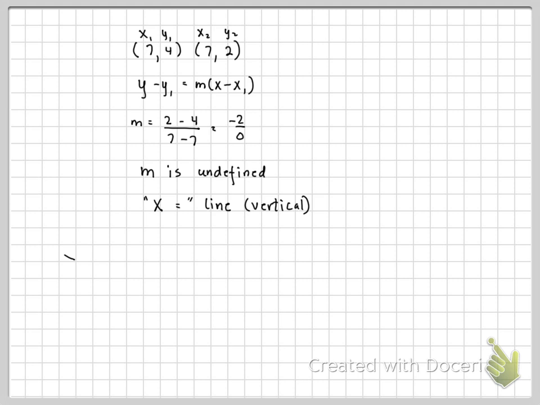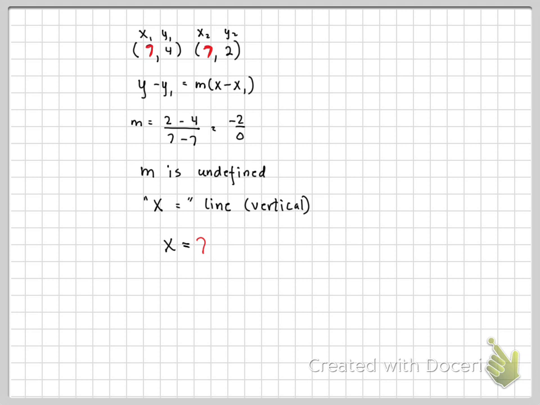So if your slope is undefined, you have an x equals line. So if you notice, look at both the coordinates. Both of the coordinates have the exact same x value. So that means our vertical line that would go through those two coordinates is x equals 7.